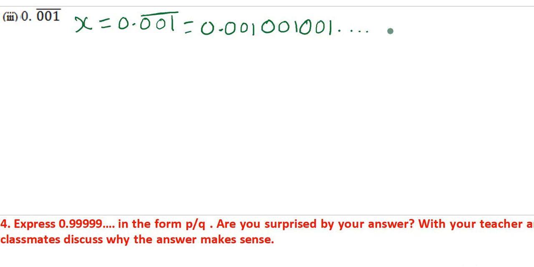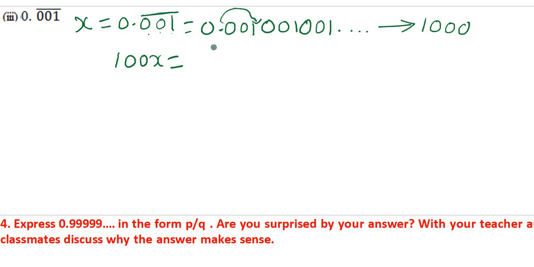What is the next step? We need to multiply this equation by 1000. Why? Because here 3 digits are repeating. After multiplying, this becomes 1000x equals. When multiplying any decimal by multiples of 10, like 100, as many zeros as there are, that many places the decimal point moves.